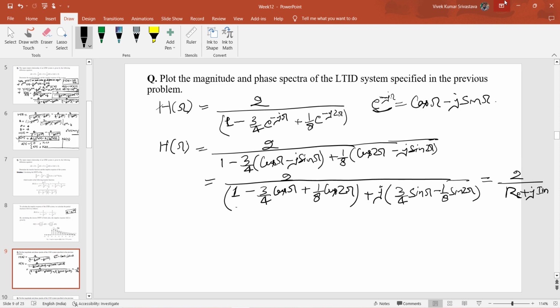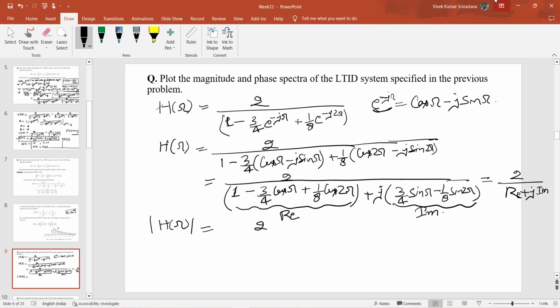This function represents the real part and this function represents the imaginary part. Now we can determine the magnitude of this H of omega.